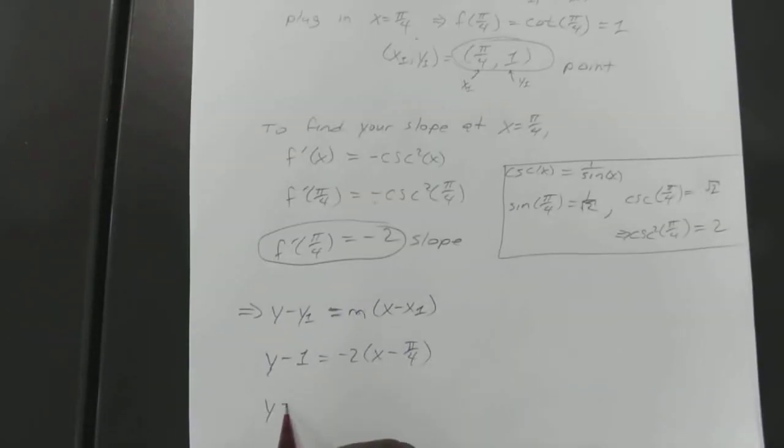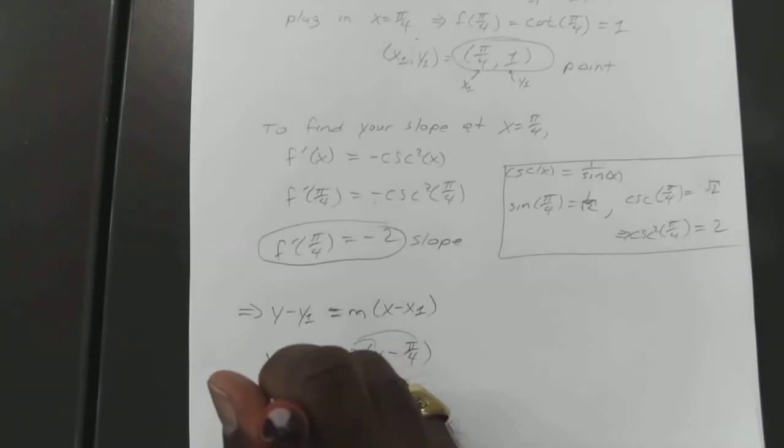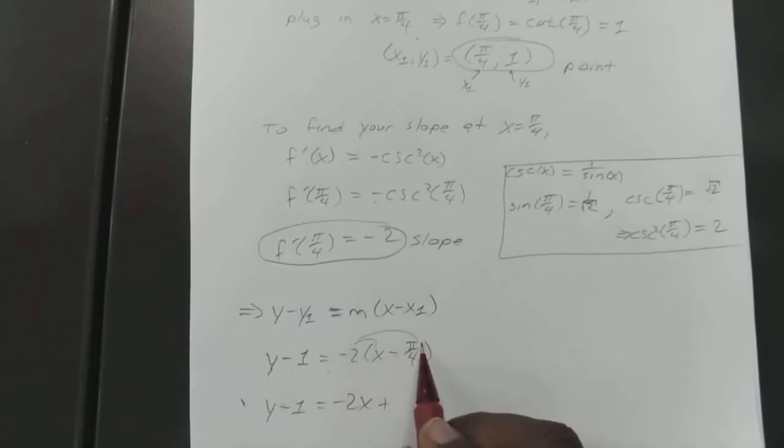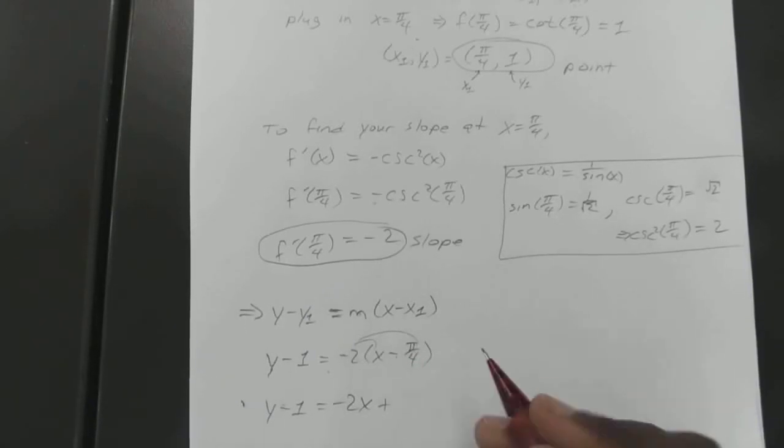Okay, so that's y. Let's distribute this first before we do all that. Y minus 1 is equal to negative 2x. Negative 2 times negative pi over 4 becomes positive pi over 2, because 2 pi over 4 just becomes pi over 2.